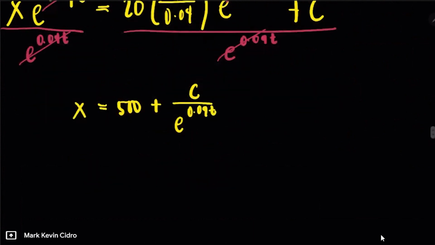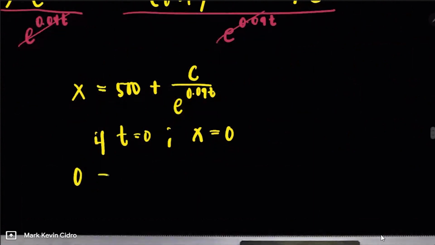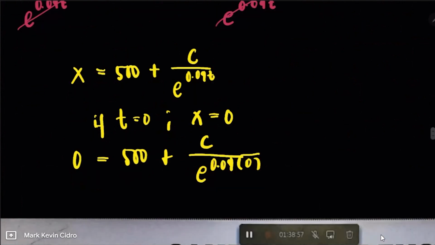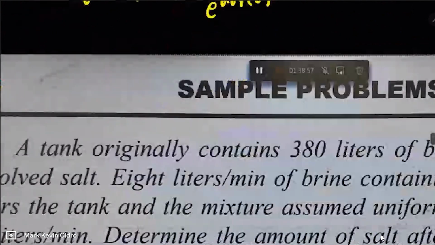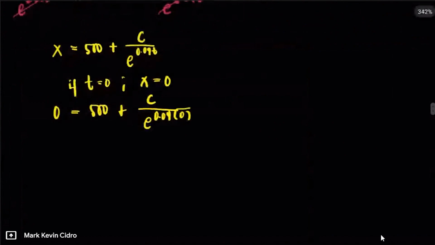We will solve for the value of c. When t is 0, x is 0. Substitute: 0 is equal to 500 plus c over e raised to 0.04 times 0. Notice our unknown here is c. You can just use shift solve to solve for the value of c.